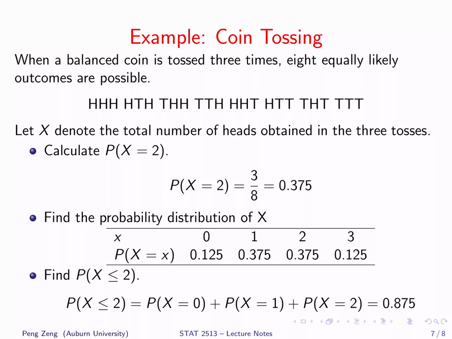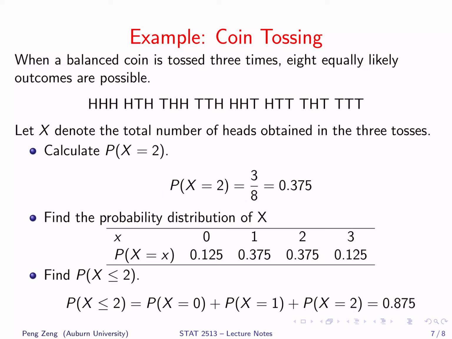What is the probability of X equals 2? There are 8 possible outcomes, equally likely. 3 possible outcomes lead to 2 heads, that is TTH, HTH, THH. Therefore, the probability of X equals 2 is 3 over 8.